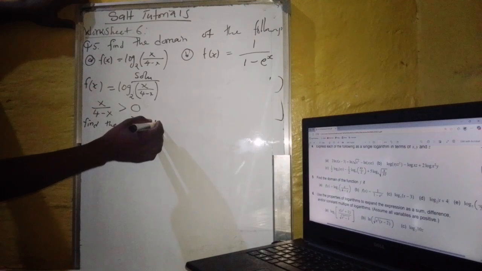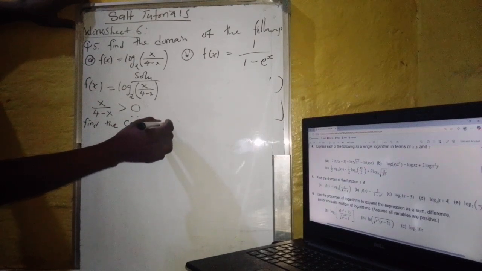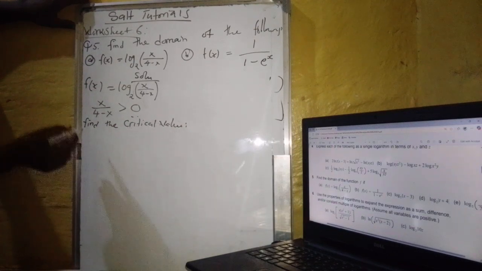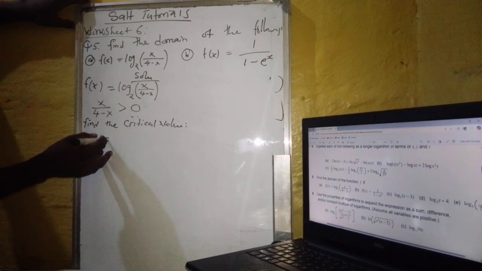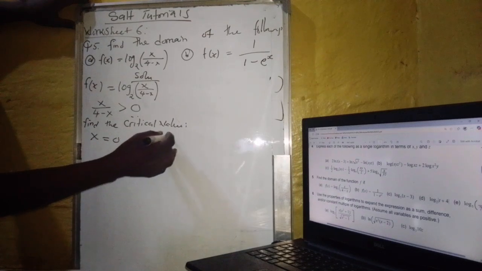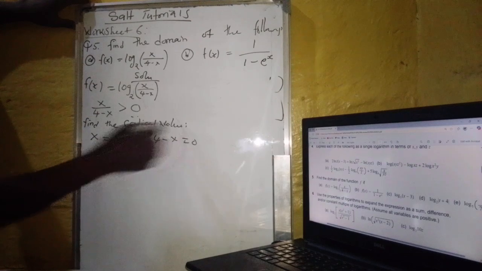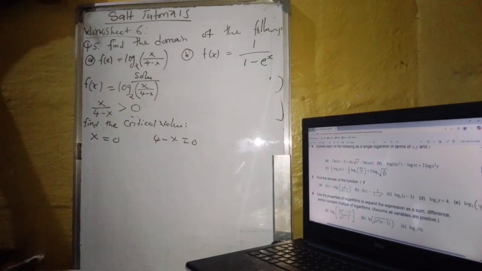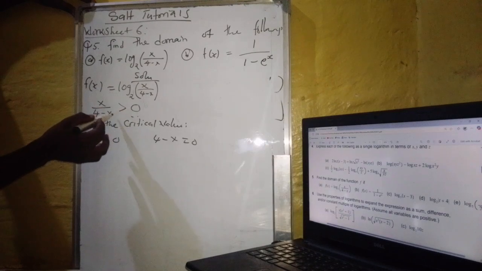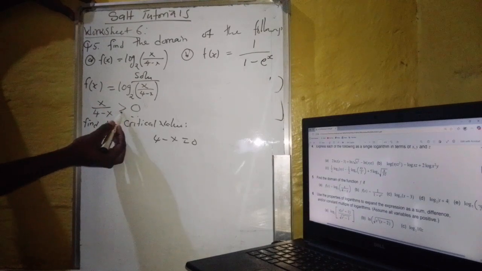So you find the critical values here. These critical values are found by equating the numerator and the denominator to 0. So x should be equal to 0 and 4 minus x should be equal to 0. When it comes to such things, I always emphasize something. This is a greater than symbol. It's not saying greater than or equal to, meaning my critical point should not be equal to 0.